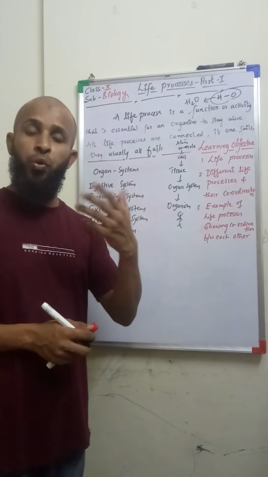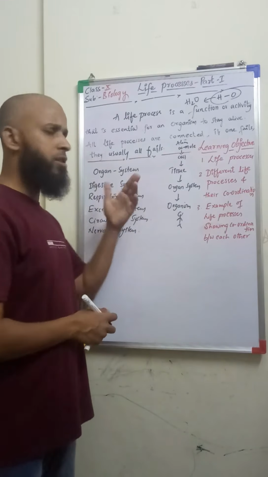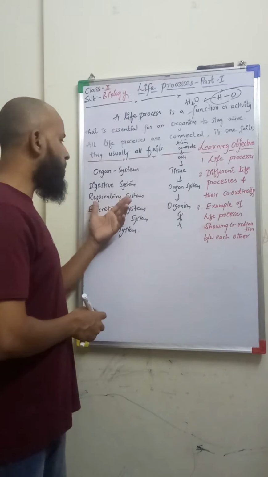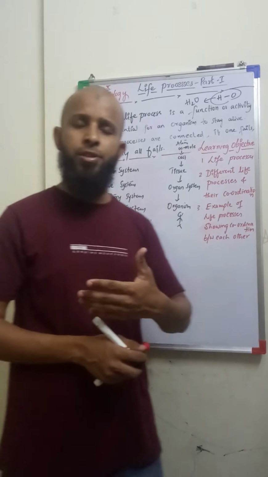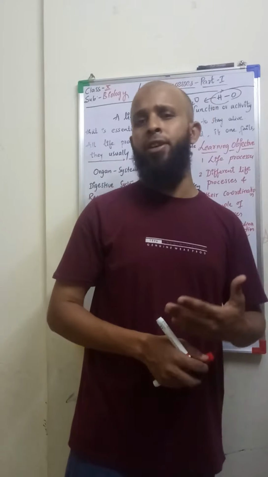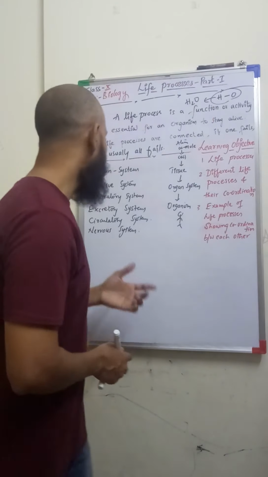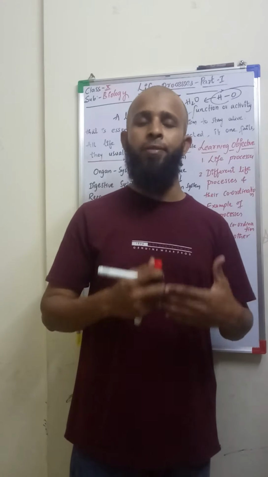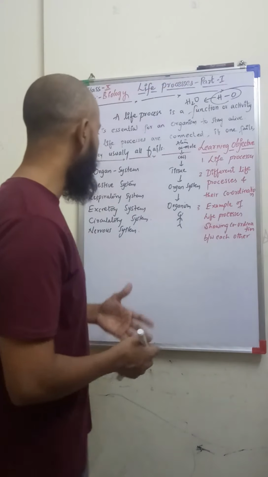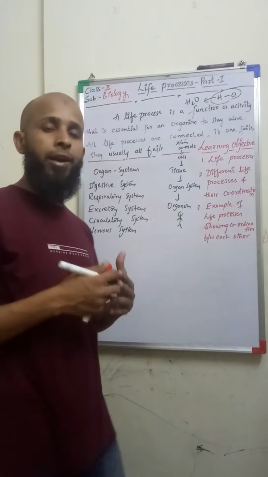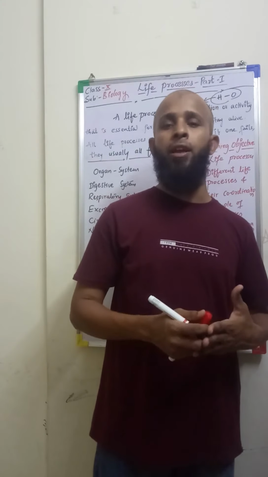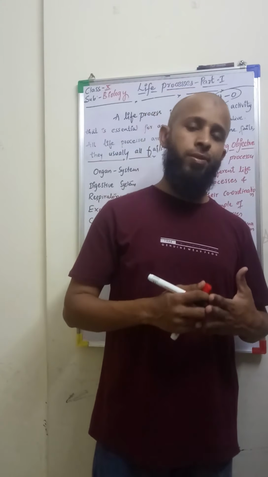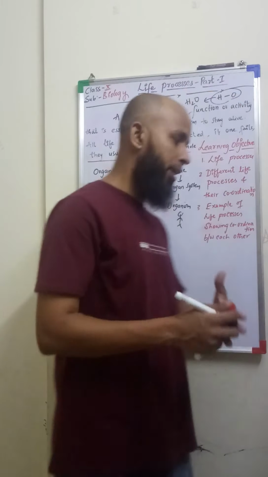Every organ system has its unique function. The digestive system will digest the food. The respiratory system will supply oxygen to each and every cell of our body. The excretory system eliminates the unwanted waste material out of the body, and the circulatory system transports the essential material to all parts of the body with the help of blood.